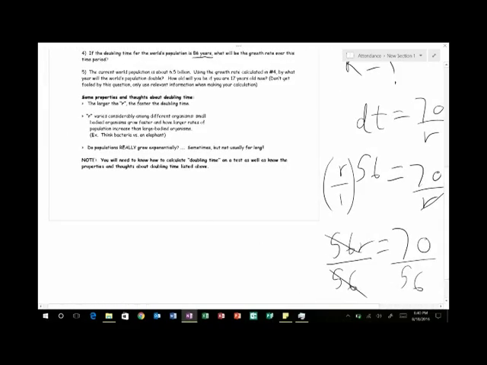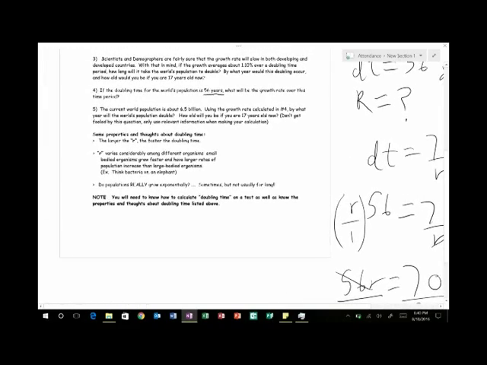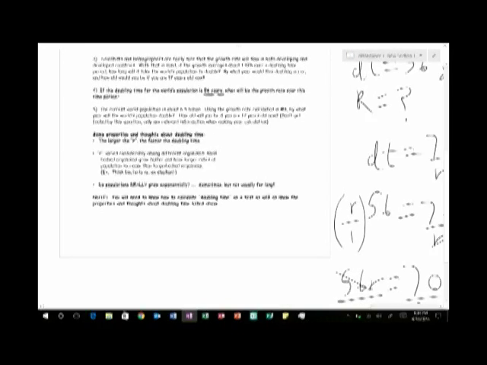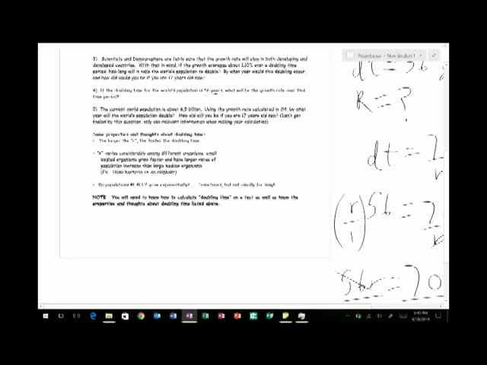Now, if we come over to number 5, which builds on top of number 4, I'll warn you, you've got to look for what's the useful information. A lot of the information in here is given to confuse you. So, the current world population is about 6.5 billion.